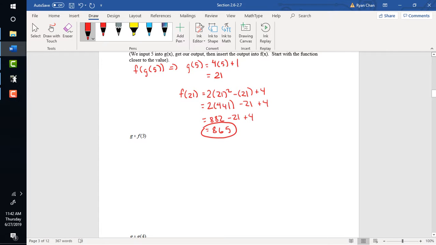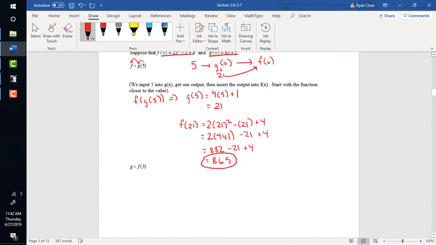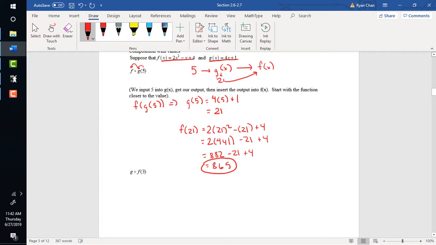Let me zoom out a little bit. So right here, if you have g of f of 3, this is reverse. I'm still using the same two functions that I'm pointing to. f of x is 2x squared minus x plus 4, and g of x equals 4x plus 1. So I'm going to do g of f of 3.